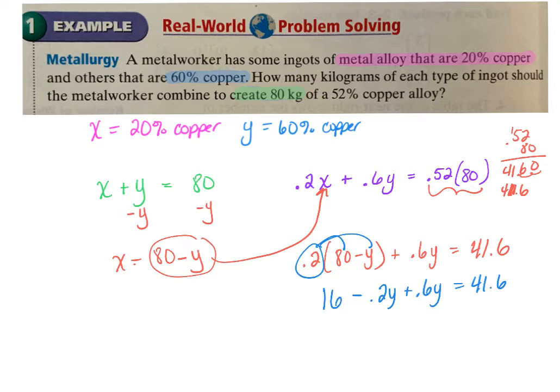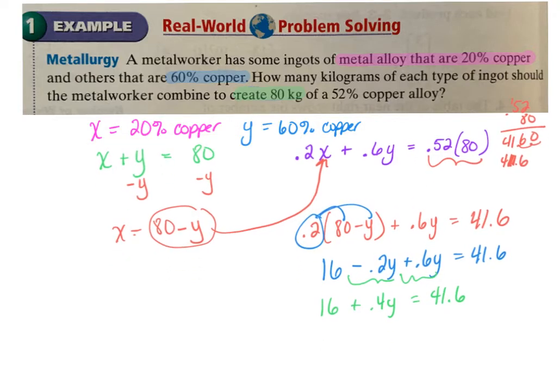Combine my like terms. What are my like terms? The y's. I have a negative 0.2 and a positive 0.6. What do I have? 0.4. 16 plus 0.4y equals 41.6. What's my next step?